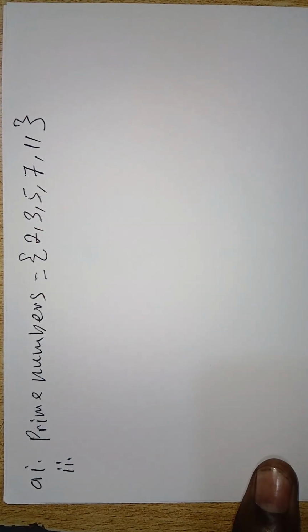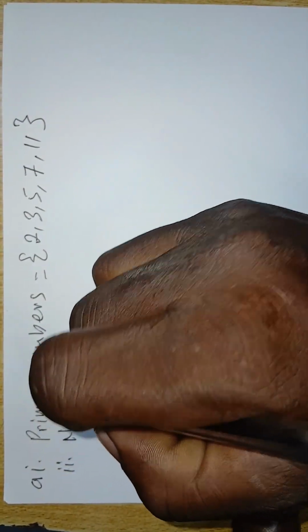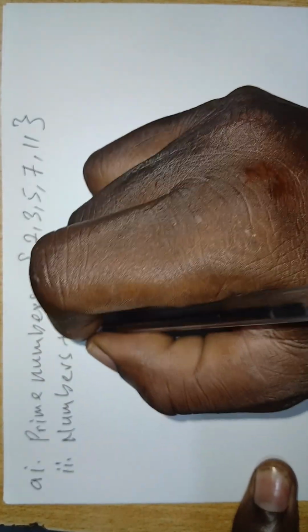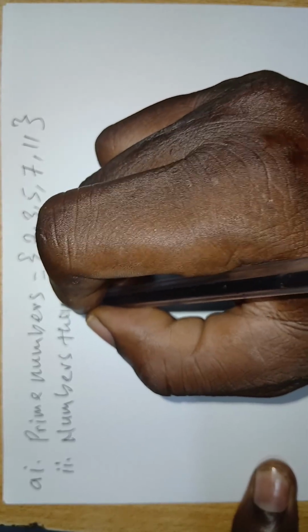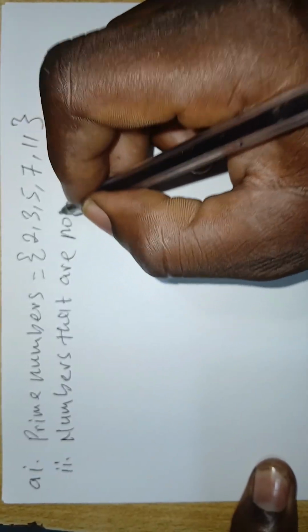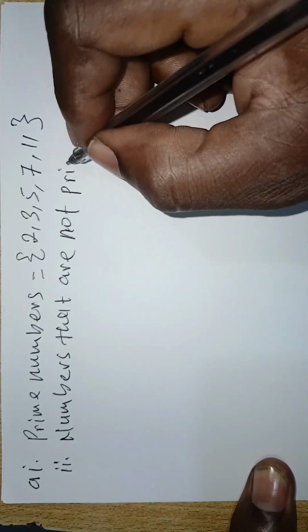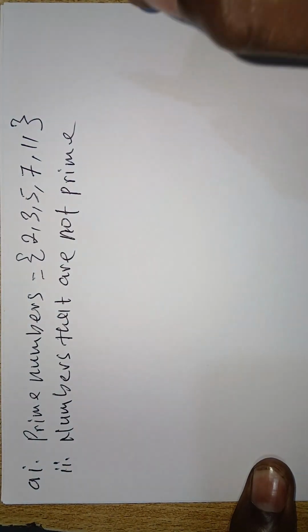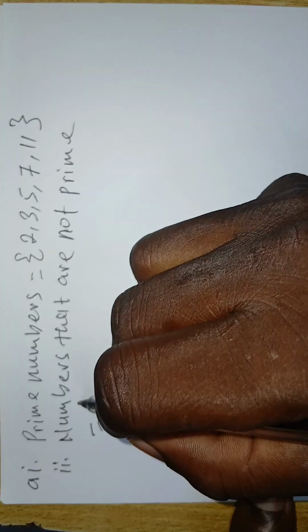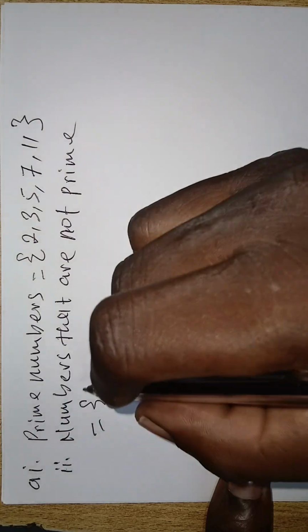Let's go to AII. Numbers that are not prime. This will be equal to, because it is a set, we put it in the curly bracket.